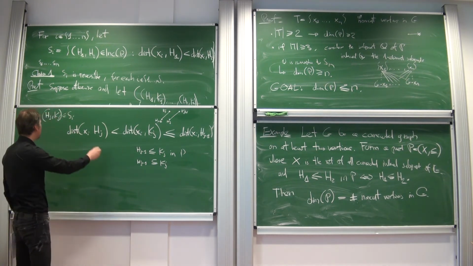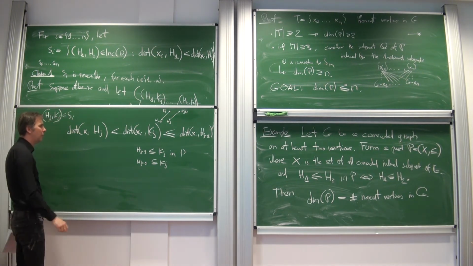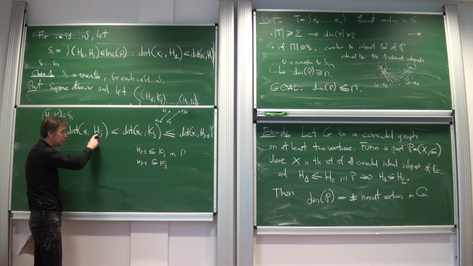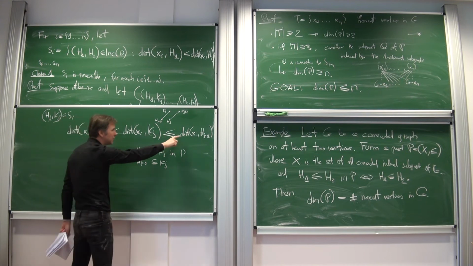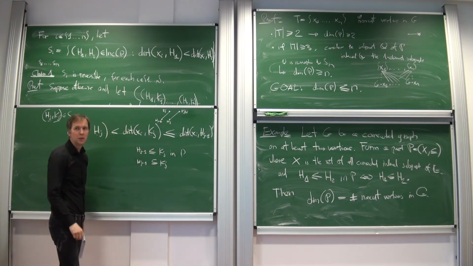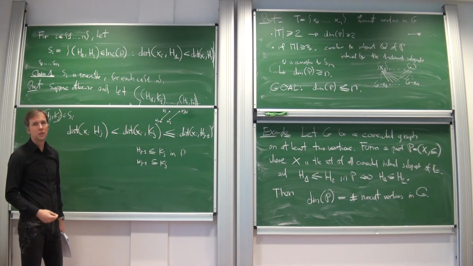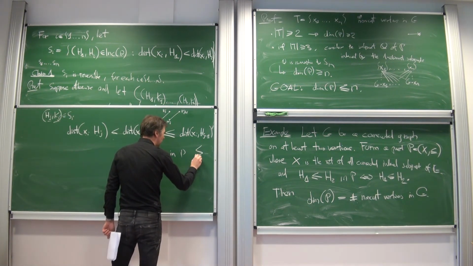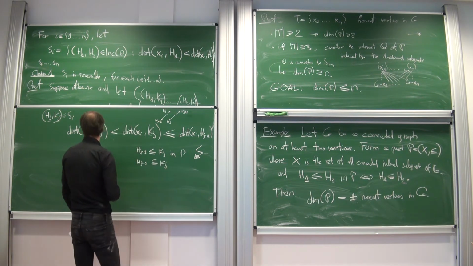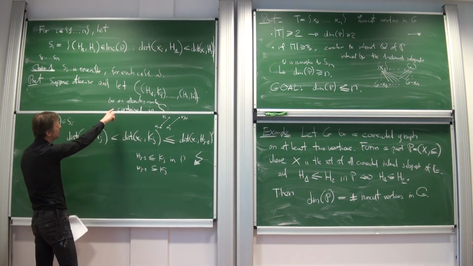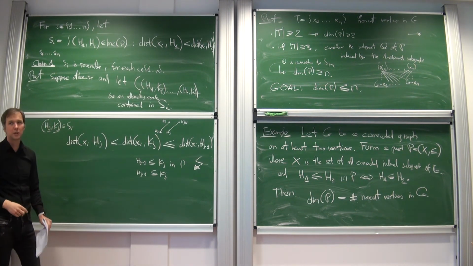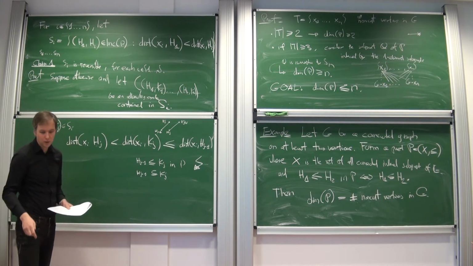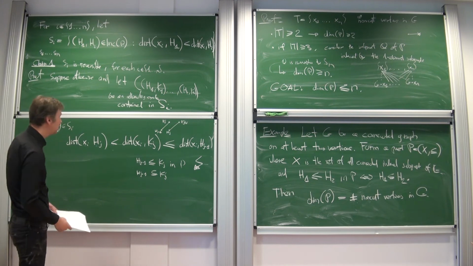Because we started from Hj, and we get a strict inequality that the distance of xi to Hj is less than the distance of xi to Hj minus 1. This cannot hold cyclically. So that's a contradiction with the fact that we supposed we have an alternating cycle. So we don't have this alternating cycle. So Si is reversible. Let's move to the second claim.